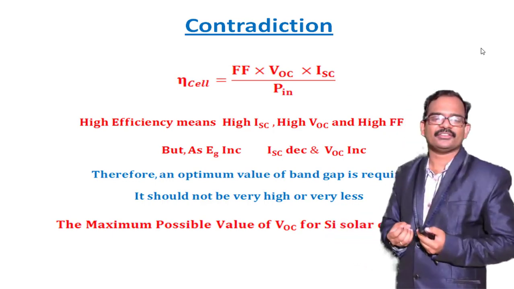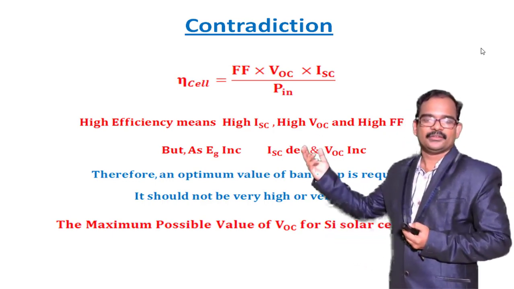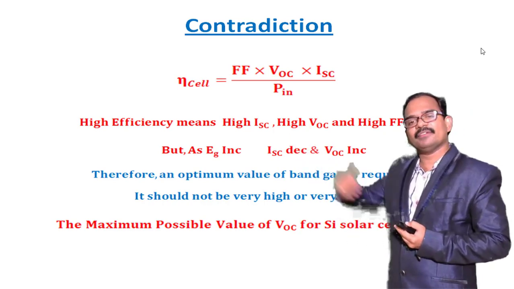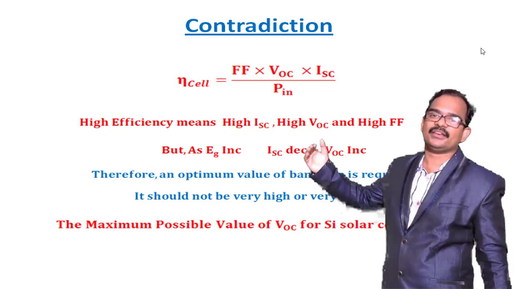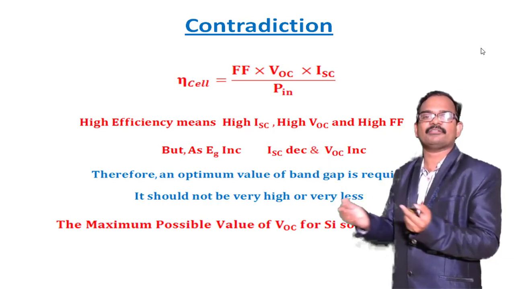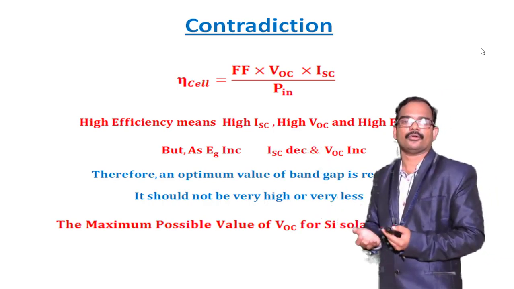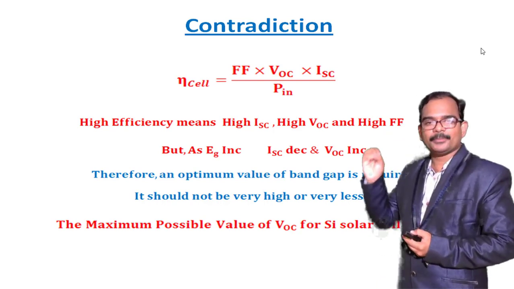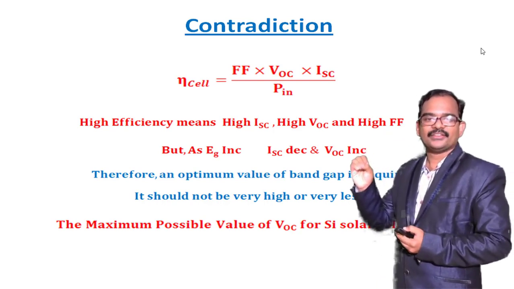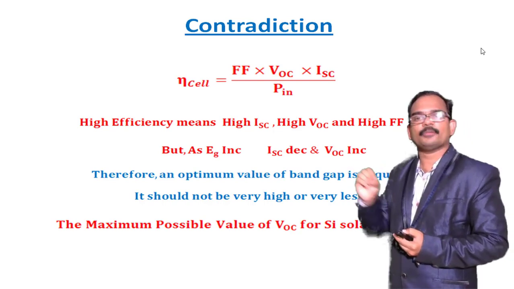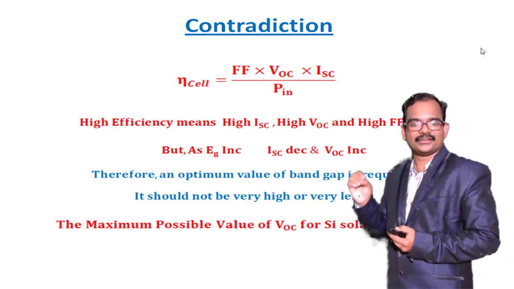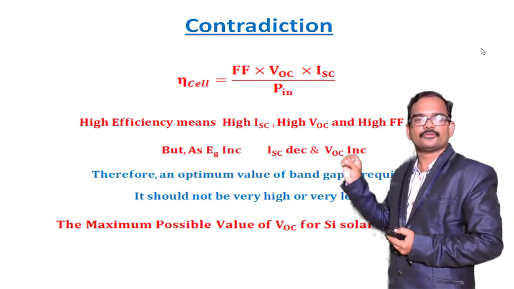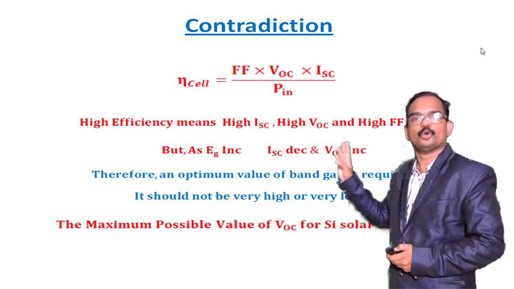If I take a material which has a very high band gap, then what happens? VOC will be very high, but ISC will be very less. If I multiply both, then the power will be negligible or zero or very small. And therefore, I need to optimize the band gap in such a way that it should not be very high or very less. In that case, the maximum possible value of open circuit voltage for silicon solar cells is 0.85 volts.